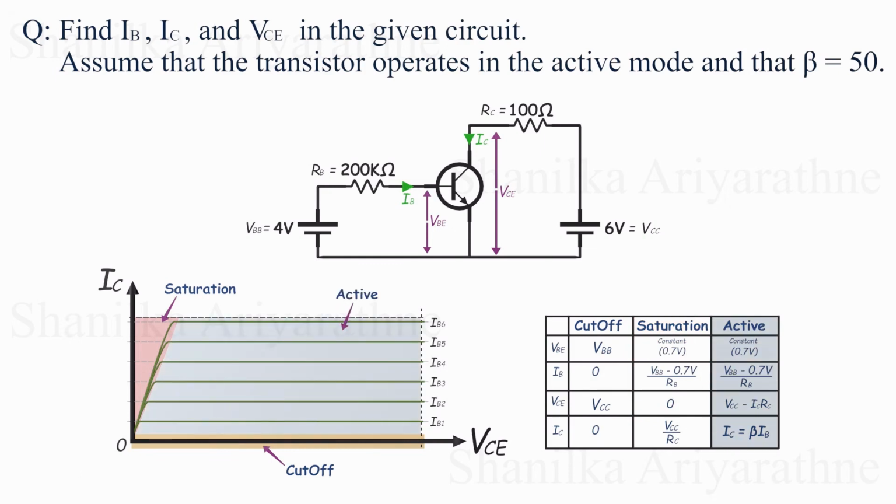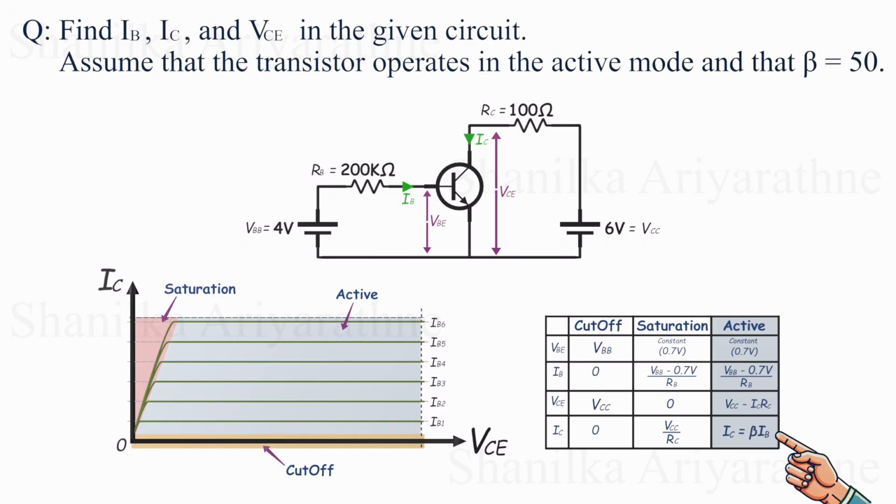In the active region, the transistor acts as an amplifier. Both VCE and IC are non-zero, and VBE stays constant at about 0.7 volts. The base current IB can be calculated using Ohm's law across the base resistor. But here's the cool part. The collector current IC isn't just random. It's determined by the base current and the transistor's gain.